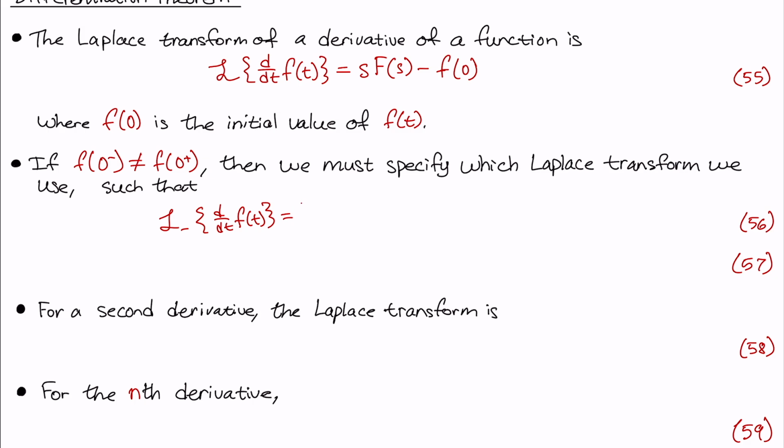This is equal to s times F of s minus f at 0 minus. And then if we do the opposite, or just after, we'll get the Laplace transform of d over dt f of t equal to s F of s minus f of 0 plus.